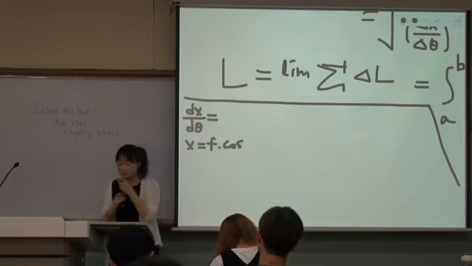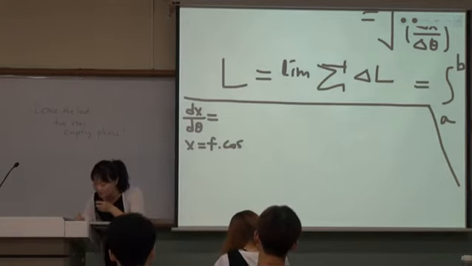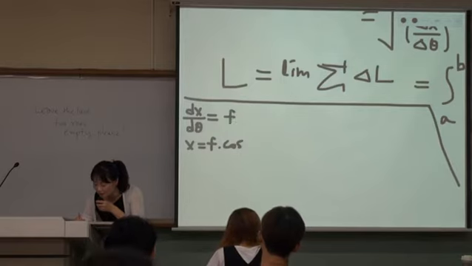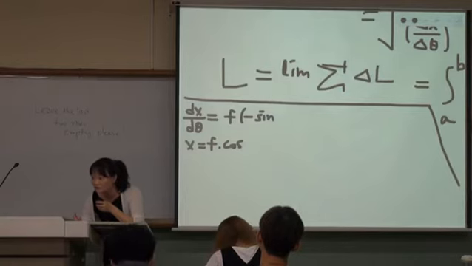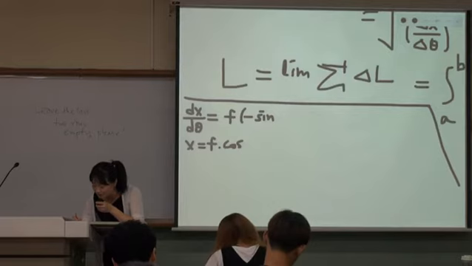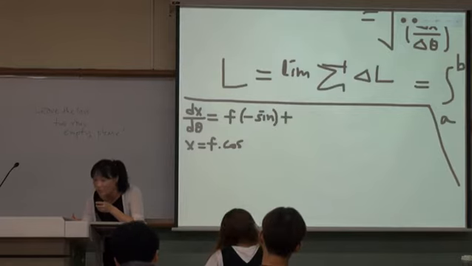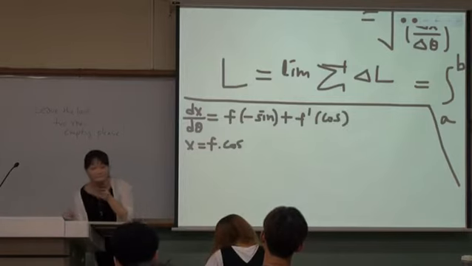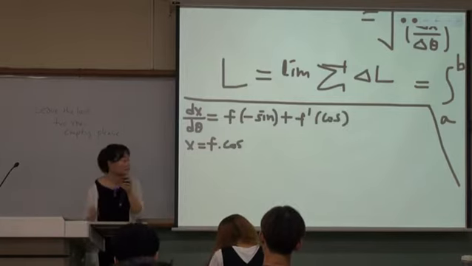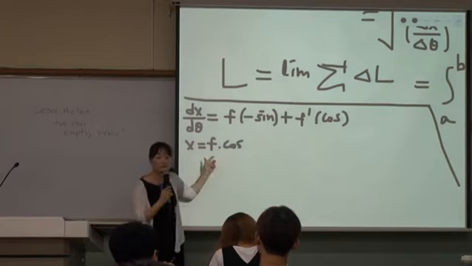X is f times cosine. Dx d theta is what? F times the derivative of cosine, which is minus sine, plus f prime times cosine, right? Yes? It's the product rule.